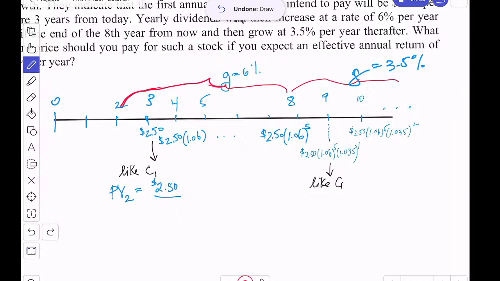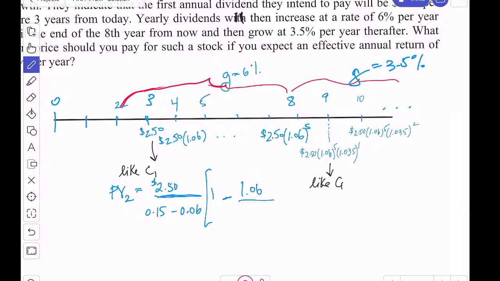So 0.15 minus G, which is 0.06. And then I multiply it with, remember the formula for growth where I have G on the top and the discount rate on the bottom, and it's all to the power of how many periods. So how many periods are there in this annuity? 1, 2, 3, 4, 5, 6 payments. So that is what the T is.